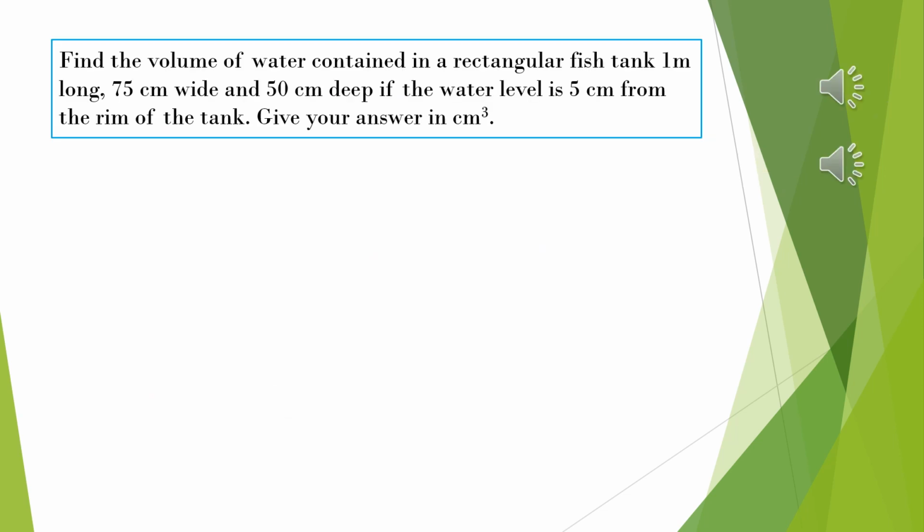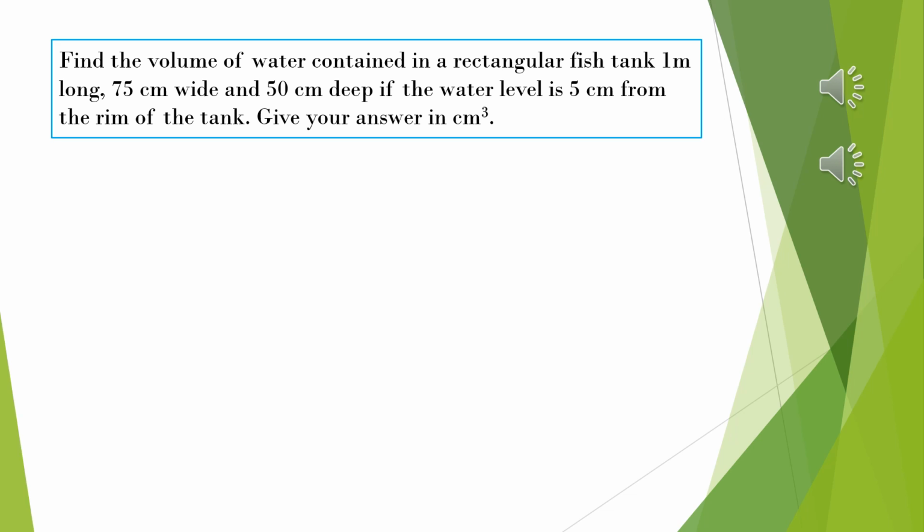Okay, moving on. This one is a word problem. Find the volume of water contained in a rectangular fish tank 1 meter long, 75 centimeters wide, and 50 centimeters deep.